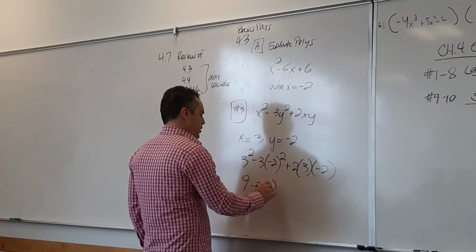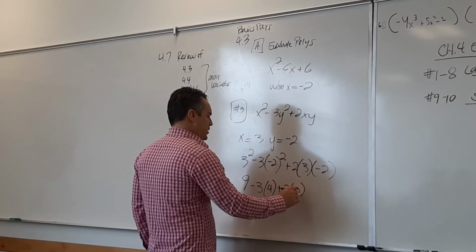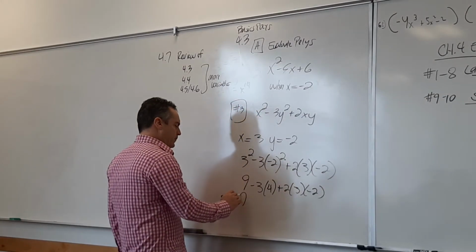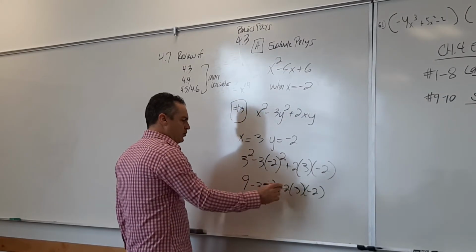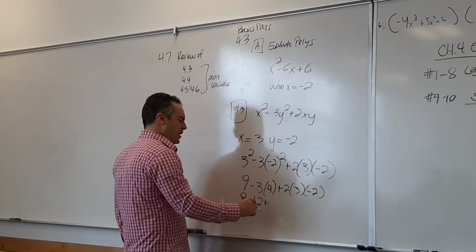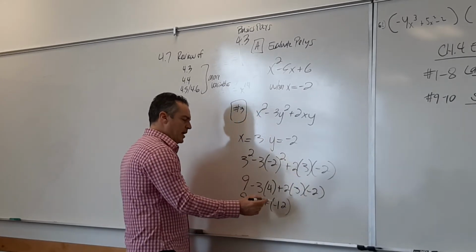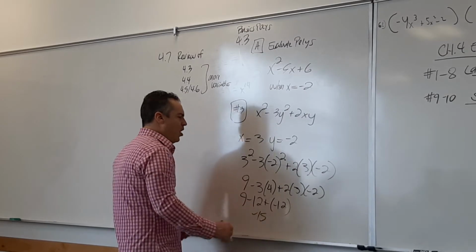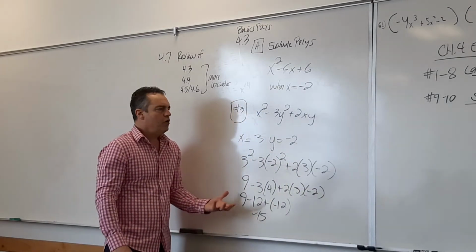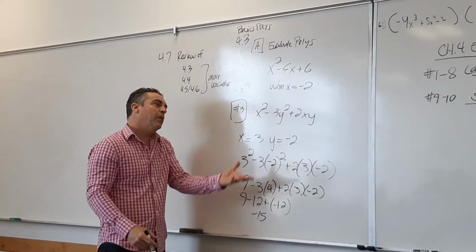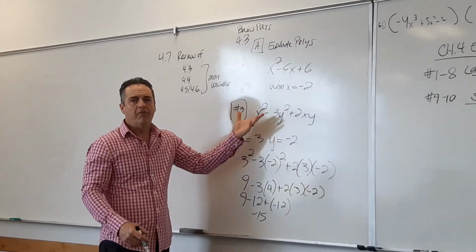Very good. Plus 2 times 3 times -2. So now we're going to multiply. 9 minus 12. Plus 2 times 3 is 6. And 6 times -2 is -12. So I have 9 minus 12 is -3. And -3 plus -12 is -15. Hard or easy? Easy. Yeah, you know how to do this. More of the same crap that you've been doing, but it has more variables, okay?